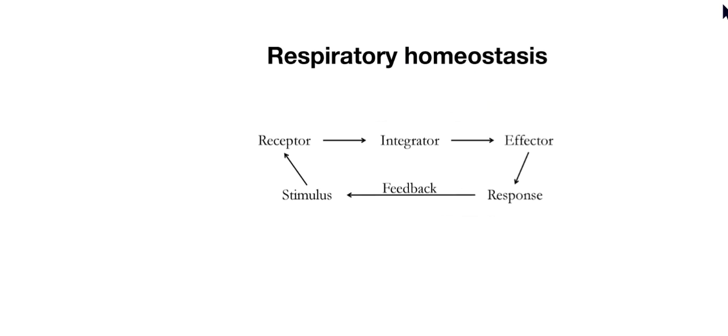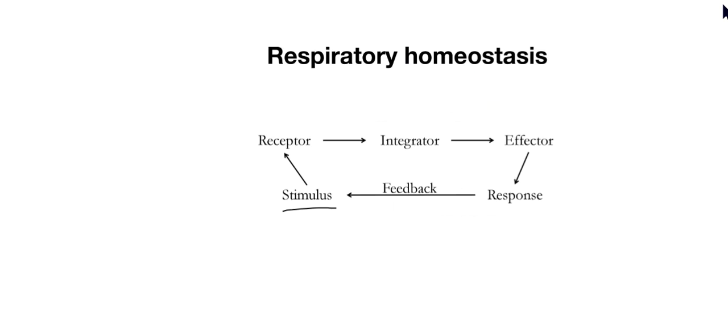Negative feedback. You have some kind of stimulus that is here at the bottom. This stimulus is going to cause something. It's going to be a positive or negative stimulus, and that signal is going to have to be received by something in the body. That receptor will send whatever that signal is to alert you that you have a change in the normal status quo to an integrator, which will collect signals from all over the body.